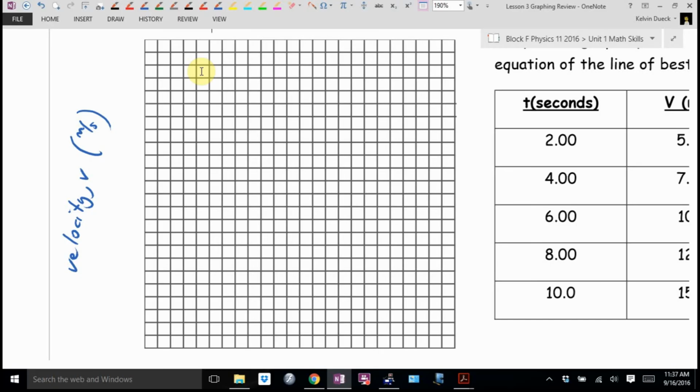This is how you figure out a good scale. 24? Okay. What's the biggest x value, the biggest time value that I have to deal with? 10. What would be a good scale if I have 24 squares to play with that uses as much of that up and would be easy to graph 10 things?